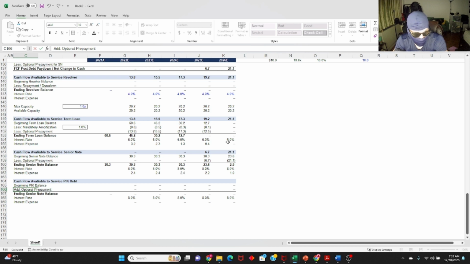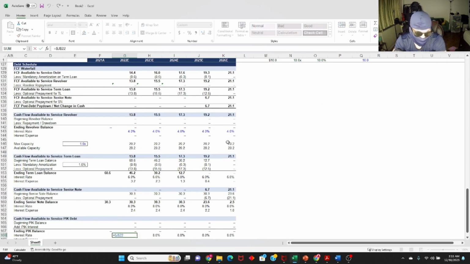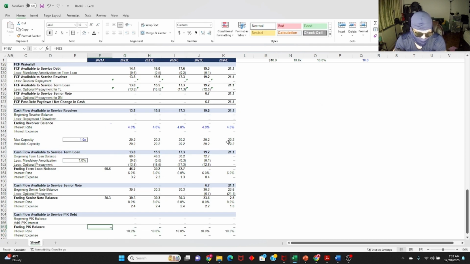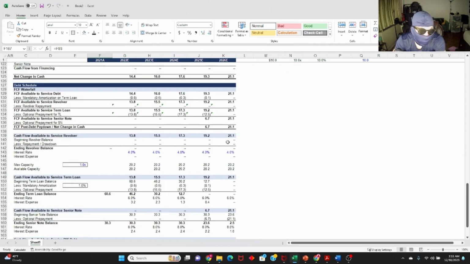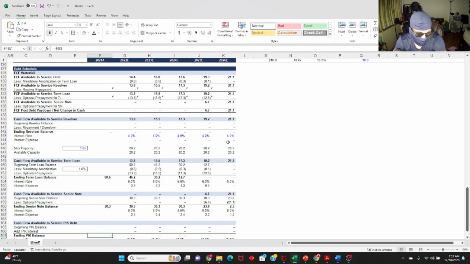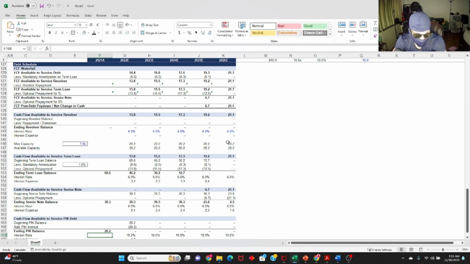You're going to add your PIK interest. You have your ending PIK balance. So what you're going to see here, this interest rate is actually going to be 23. And it's F2 in here, copy here, make it 7.